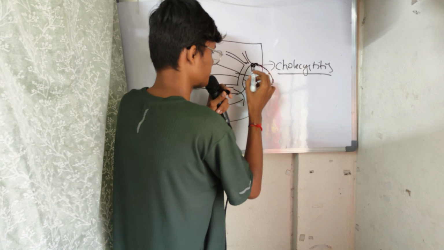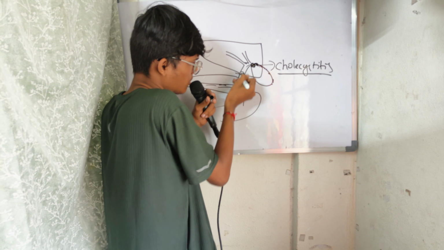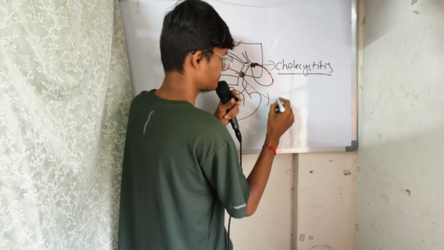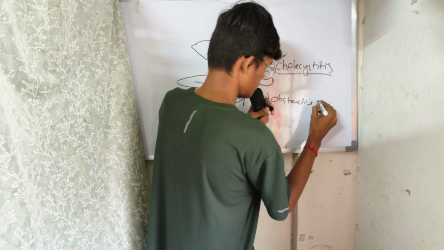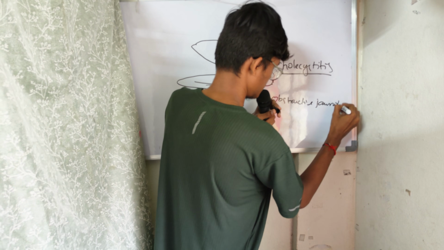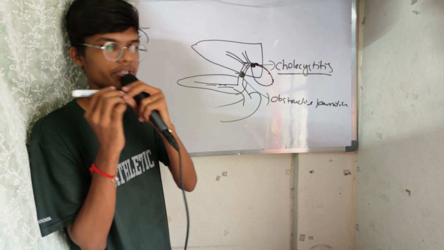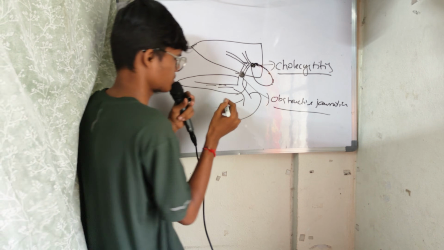Okay, that one nice. Then if this stone comes somewhat downward, it might make obstructive jaundice. As it is obstructing the bile, it might lead to obstructive jaundice. Okay, we understood.